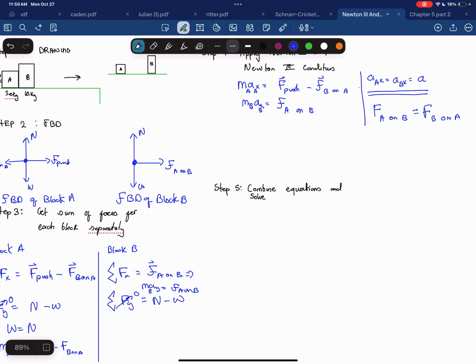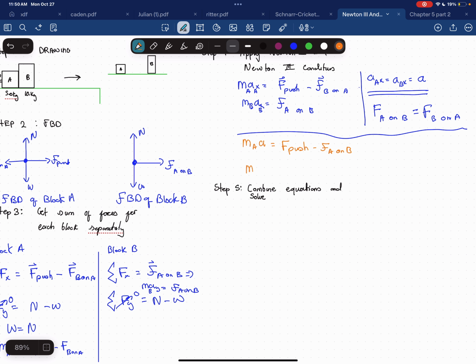So now my new equations, after applying the conditions, will be m_A a equals F push minus F of A on B, because Newton 3 allows me to make that substitution.